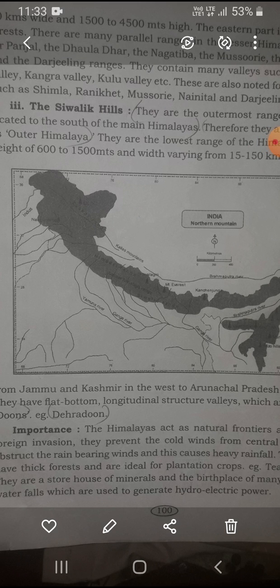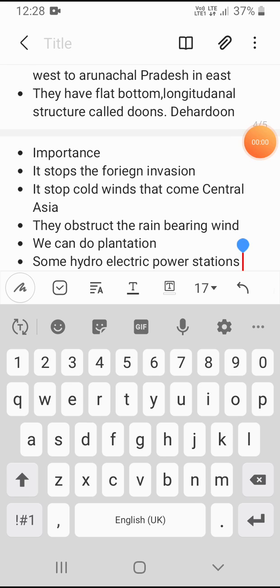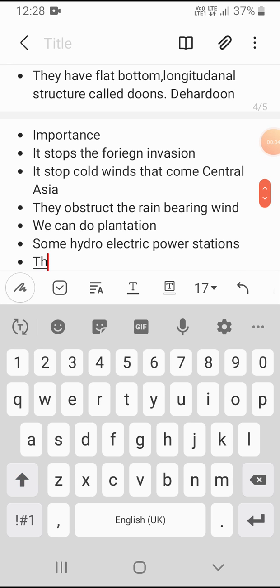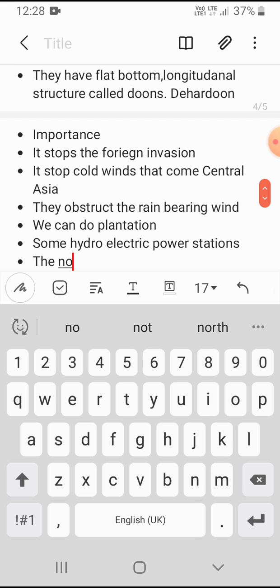So the next topic is the northern Great Plain. Let's know about the northern Great Plain.